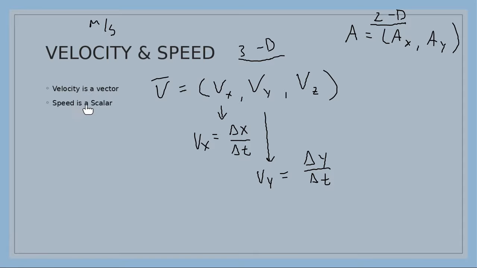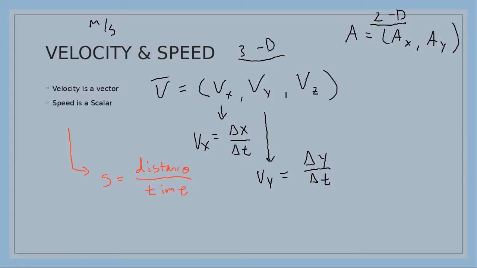Now speed, which is a scalar, the equation for that, which I'll write with the s, is the distance divided by the time.